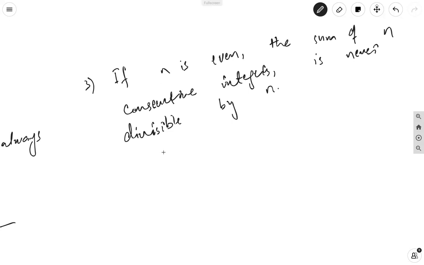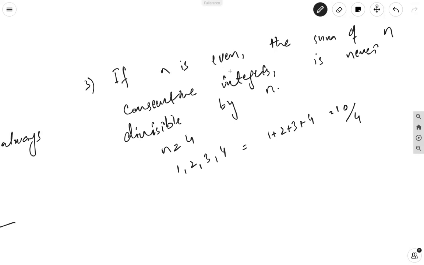For example, let's suppose n is 4, and we consider 1, 2, 3, and 4. If we take the summation of these, this will be 10, right? But 10 is not divisible by 4. The result will be some fraction value, right? If n is odd, the sum of the consecutive integers will always be divisible by n. But if n is even, the sum is never divisible by n.